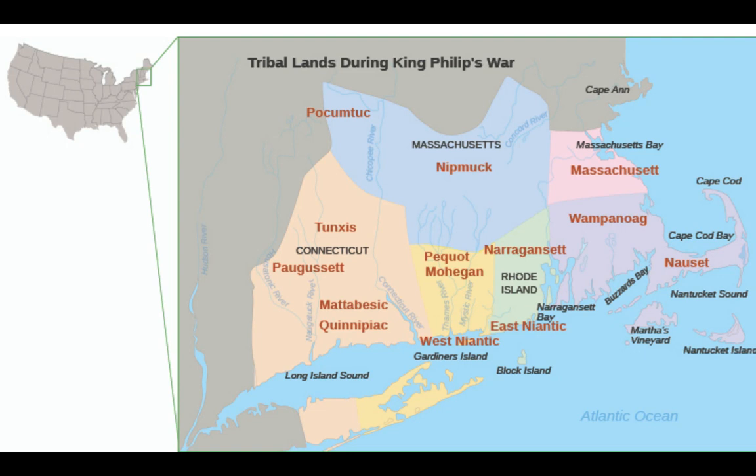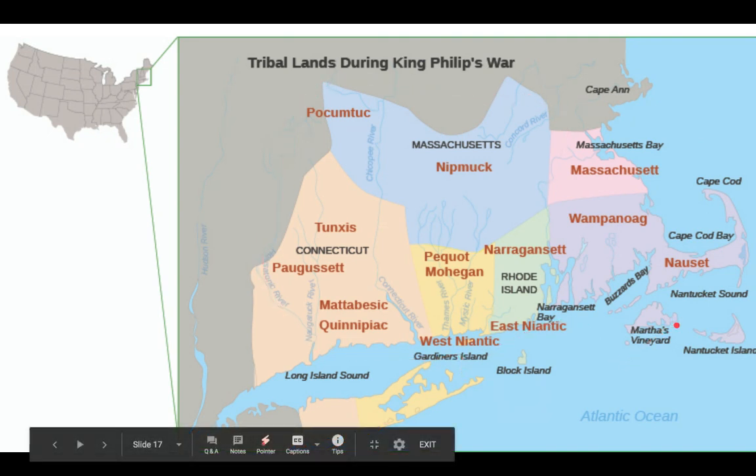Remember that when the English colonists are coming and staying in the East Coast right here, they are obviously landing in tribal lands where Native Americans live and have made their societies and their lives. So it's no different with the Massachusetts Bay Colony. They are right in the thicket of all these different tribes and native populations.